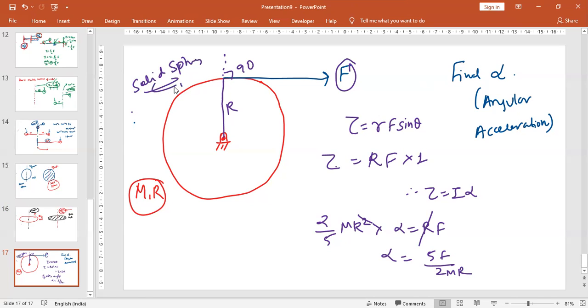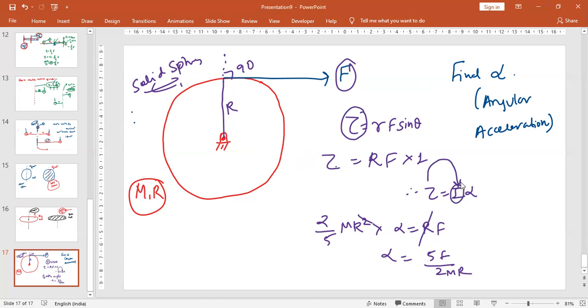Ram, any doubt in this? Clear, sir. Yeah, I'll send the PPT. Any doubt in this question, like how to calculate torque? Then you have to put torque equal to I into alpha.